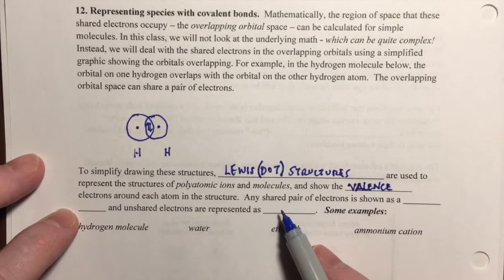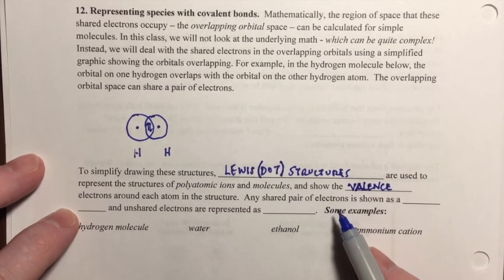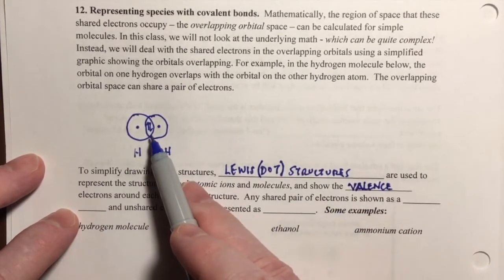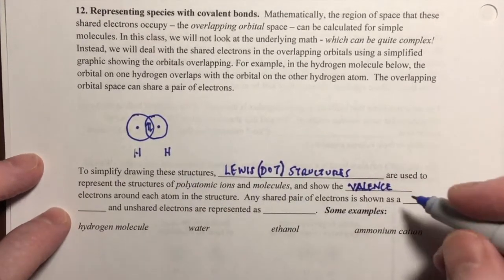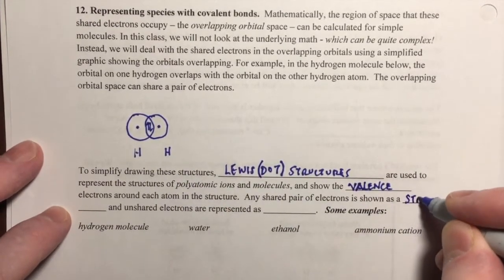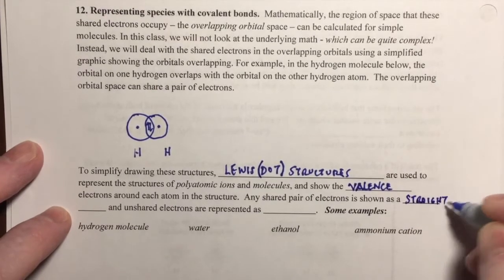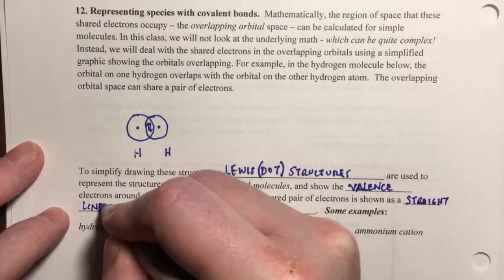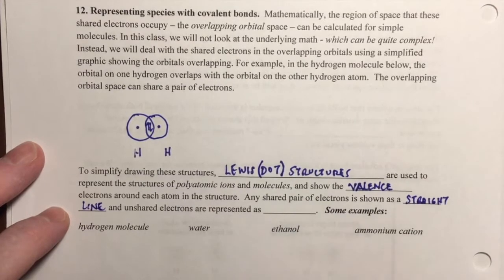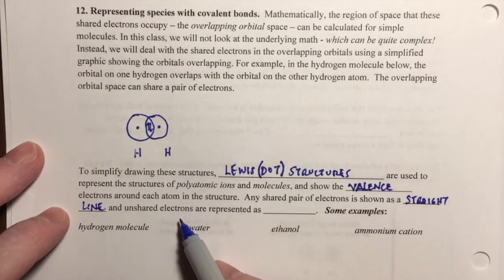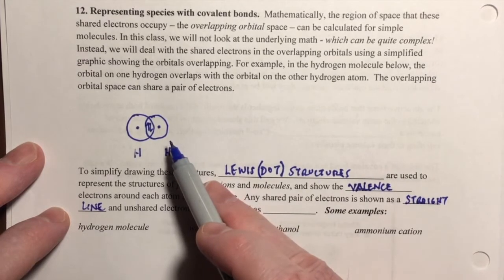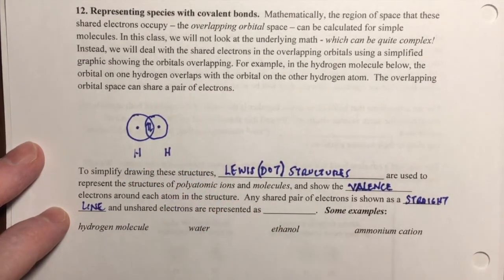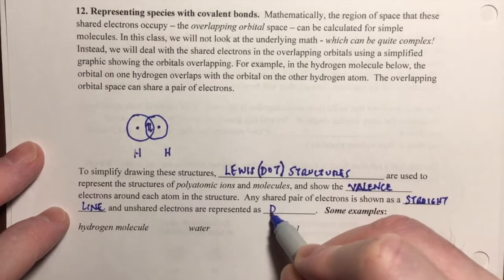So if we have a shared pair of electrons, where we are sharing a pair of them, that's shown as a straight line. And if there are any unshared electrons, that is, electrons that are on one atom but are not being shared by the other, they're represented as dots.